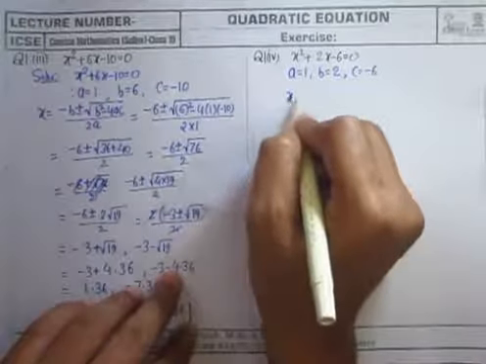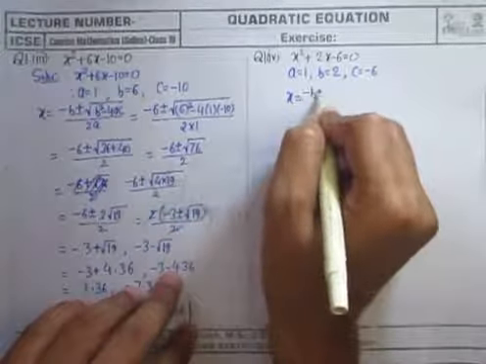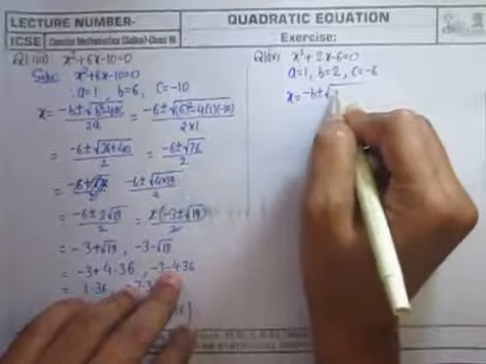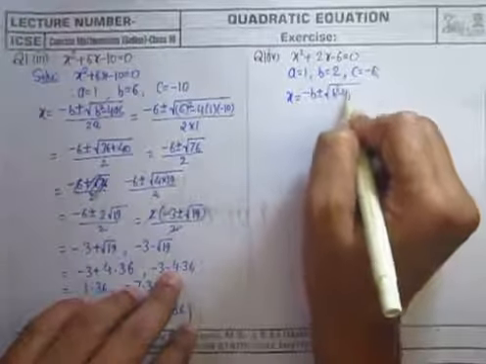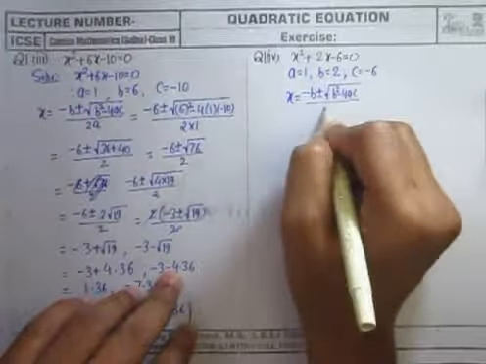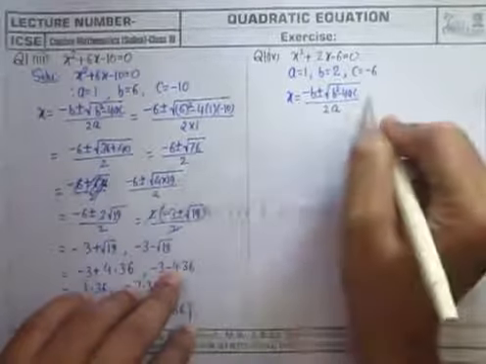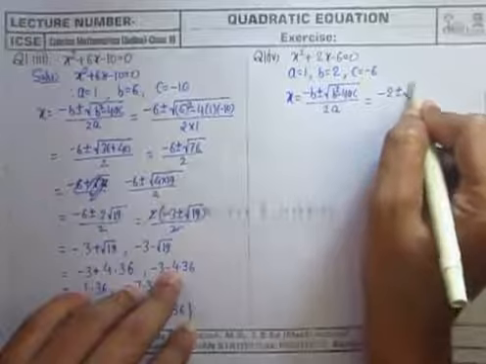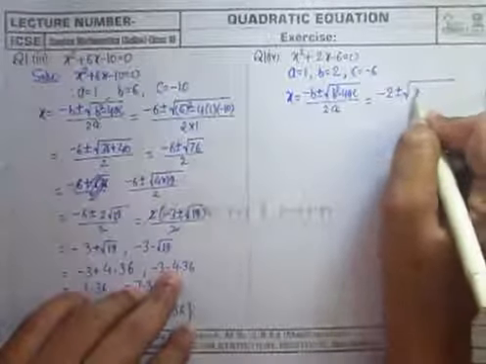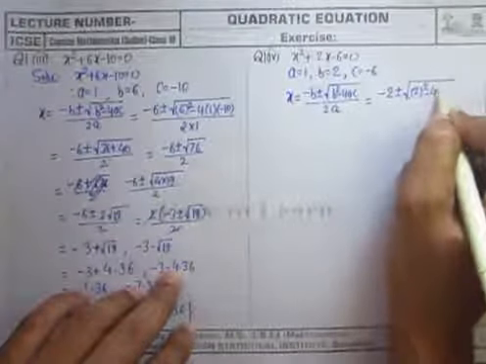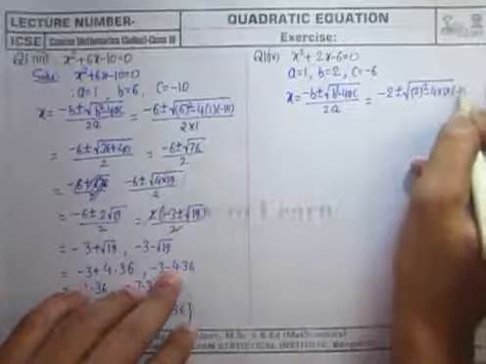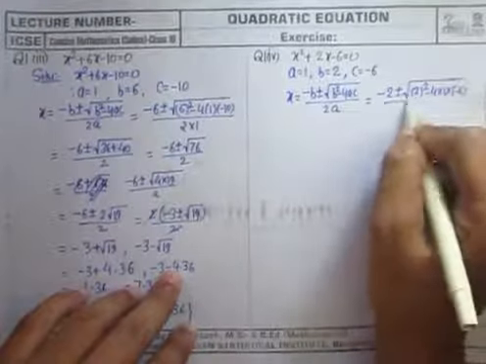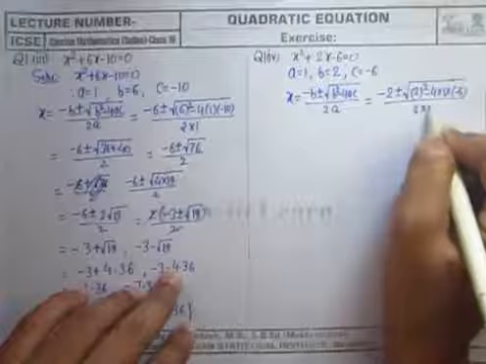So formula for x is equal to minus b plus minus root under b square minus 4ac by twice a. So minus b is minus 2 plus minus root under b square, so it will be 2 square minus 4 into a into c, c is minus 6, by twice a, which is 2.